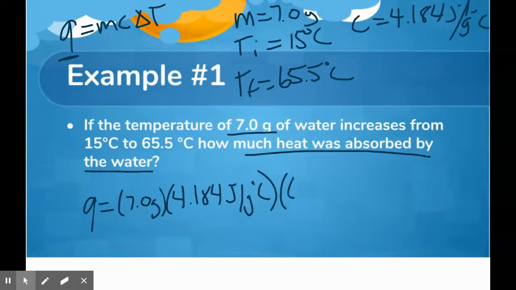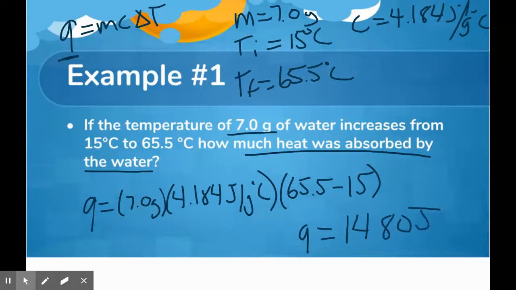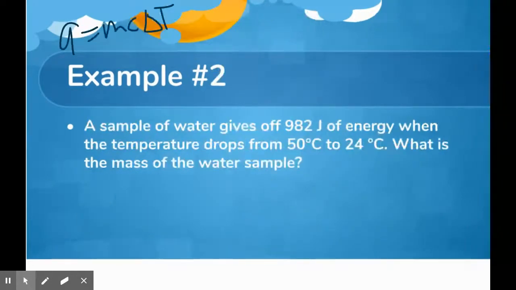And remember, final temperature minus initial. So when you solve for Q, you get 1,480 joules. And remember, we want to stay with 3 sig figs, so make sure you're rounding your answer to 3 sig figs.